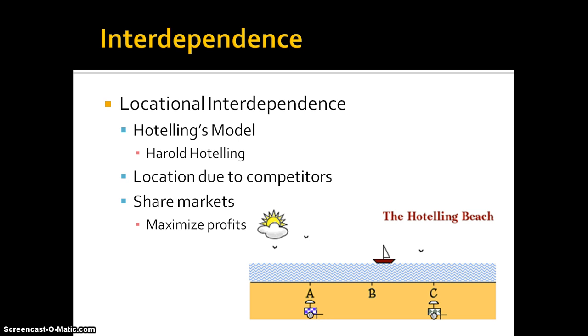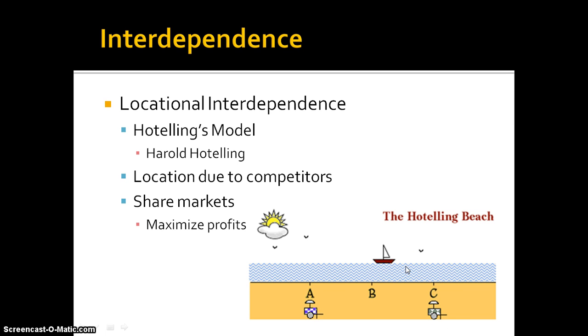It was theorized, or discussed, by an economist named Harold Hotelling, and he developed this model called Hotelling's model, which is down here on the bottom, which basically just illustrates this concept that you have these two businesses. You have these ice cream stands on the beach.